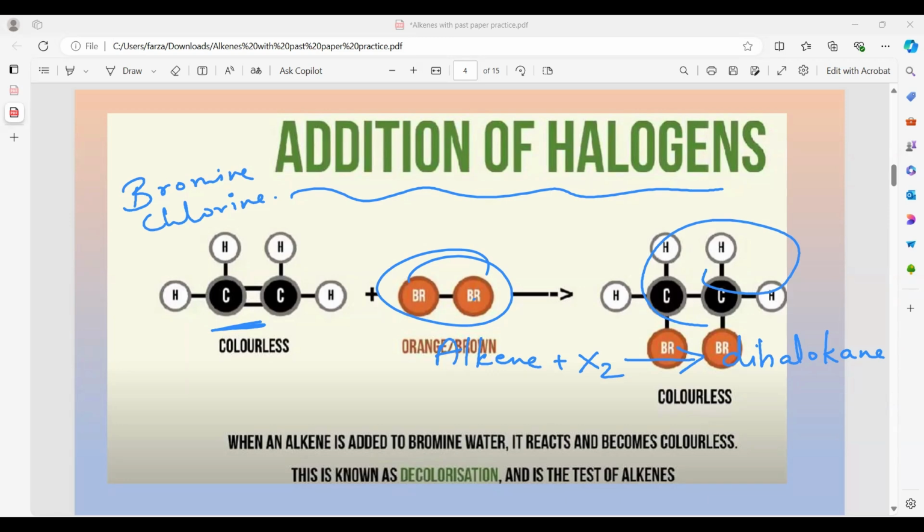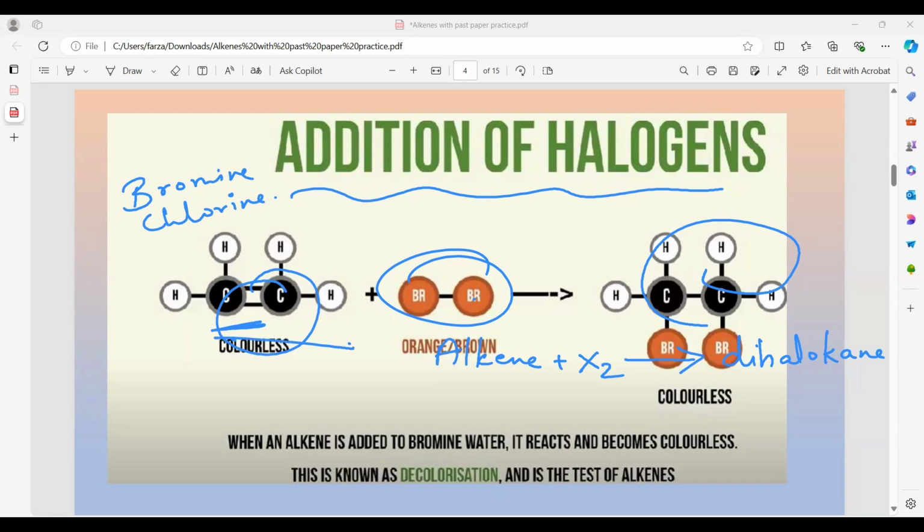Now the double bond has become a single bond, so it becomes ethane. So the main chain is ethane, and there are two bromine atoms attached in the molecule. So this is called 1,2-dibromoethane.